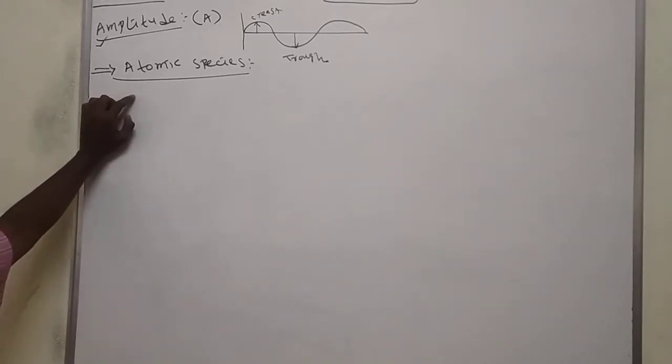Atomic species. We have a number of atomic species in chemistry, in structure of an atom.